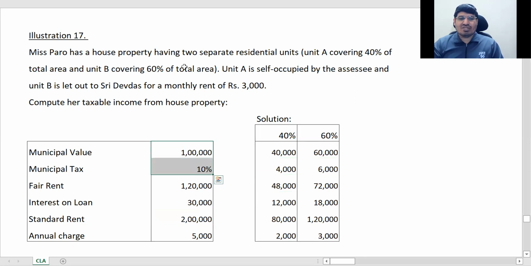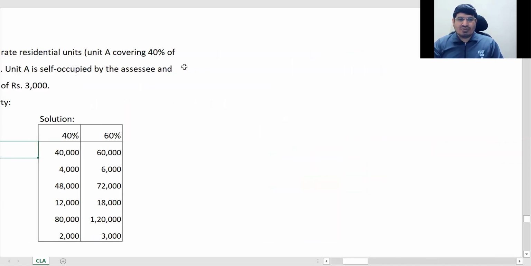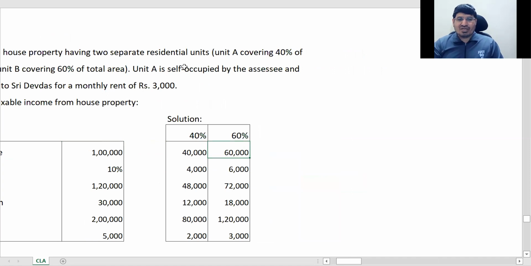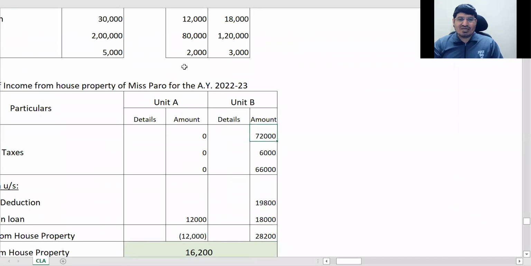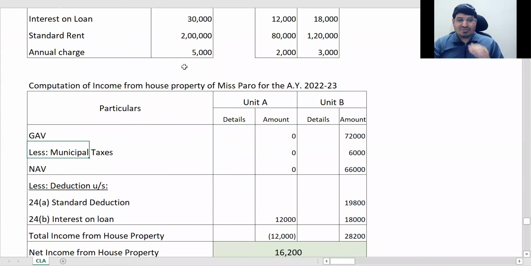10% of this will be your municipal tax, 10,000, so I'm just apportioning this also. This 72,000 is my fair rent. Then less municipal taxes: you take the 6,000 value here.